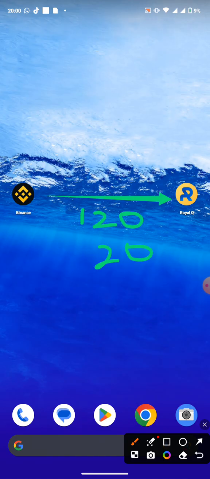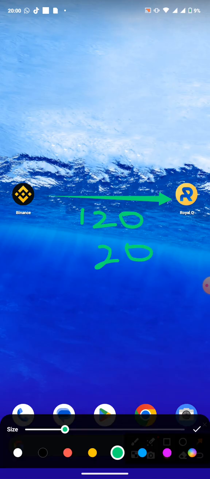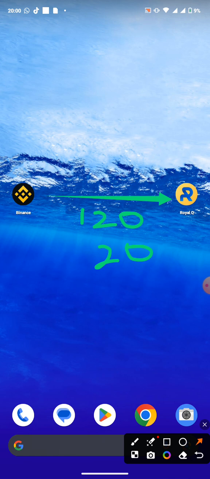That is the money you transfer from your Binance to RoyalQ. So the rest of the money, the capital, won't be in RoyalQ. Your capital will be in Binance.